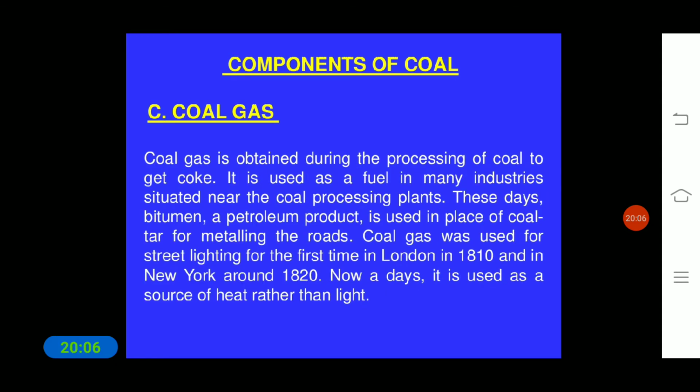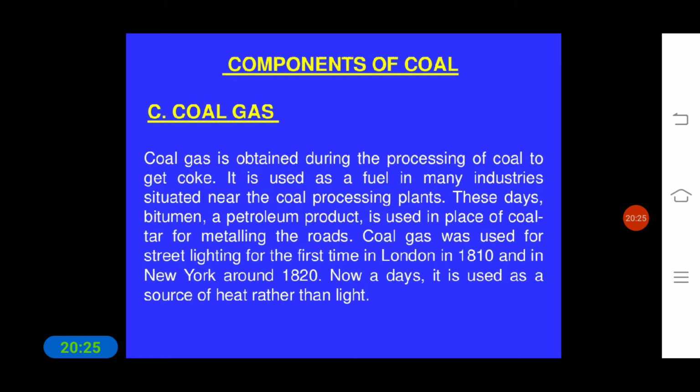Next, another component of coal is coal gas. Coal gas is obtained during the processing of coal to get coke, and it is used as a fuel in many industries situated near coal processing plants.